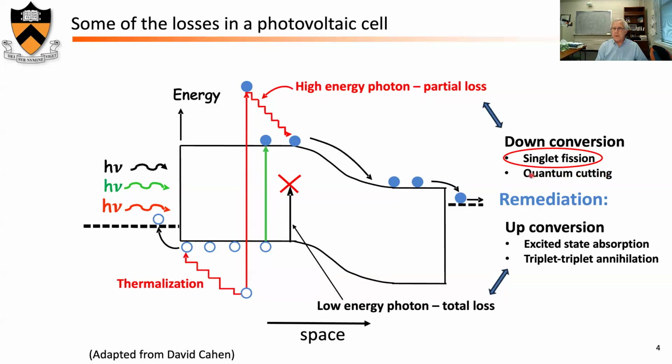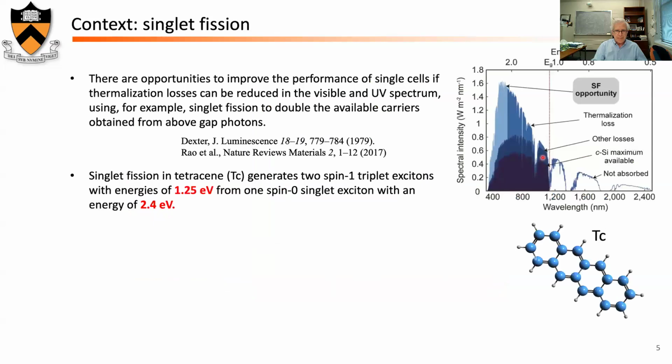This is another topic we're working on right now, and singlet fission. Of course, this is for a single solar cell. Everybody, of course, is familiar with the other method to treat multi-gap or multi-photon absorption with tandem cell, but this is not what I want to talk about today.